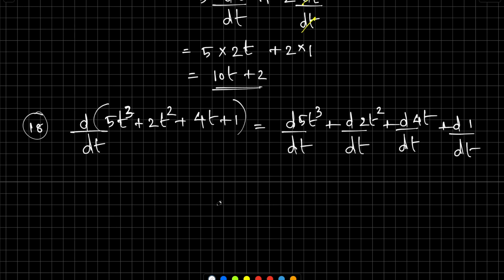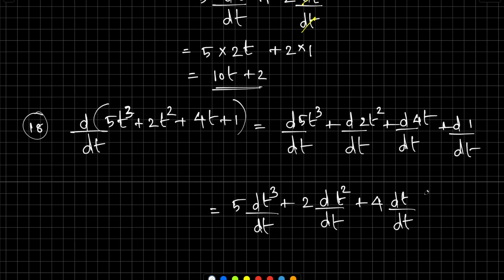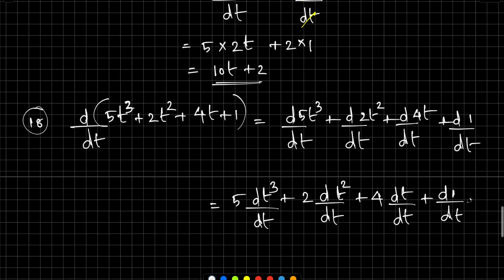First term, d by dt of 5t cube. Take the constant outside. 5 d by dt of t cube plus 2 d by dt of t square plus 4 d by dt of t plus d by dt of 1. Okay, d by dt of 1 is 0, right? Let's write this in the next step.